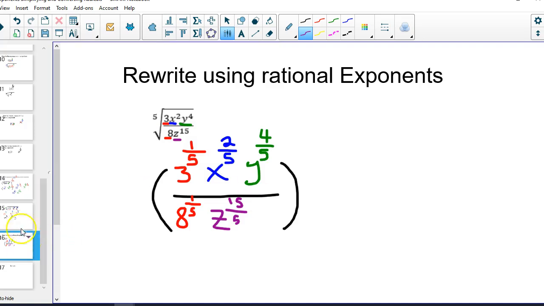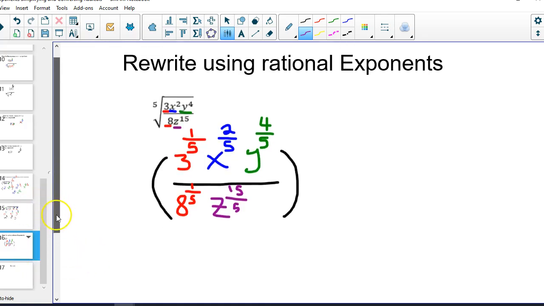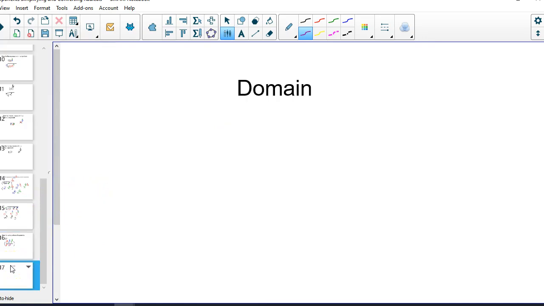Alright, and I know it's getting a little bit of a long one. We have one more topic to cover, and that's going to be our domain. Okay? Now, in the past, when you have taken the square root of x squared, we had multiple answers that came out.